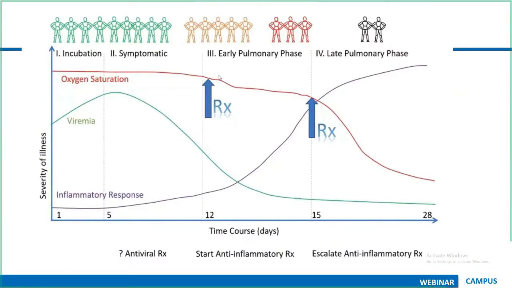Now coming to the inflammatory phase. There is an early inflammatory phase where the patient will have a dip in saturation, and a mild oxygen requirement will go into a high oxygen requirement. The patient will become tachypneic, and you will have to start the patient either on high flow nasal cannula or NIV. Those are the group of patients who are going to benefit from dexamethasone based on the RECOVERY trial.